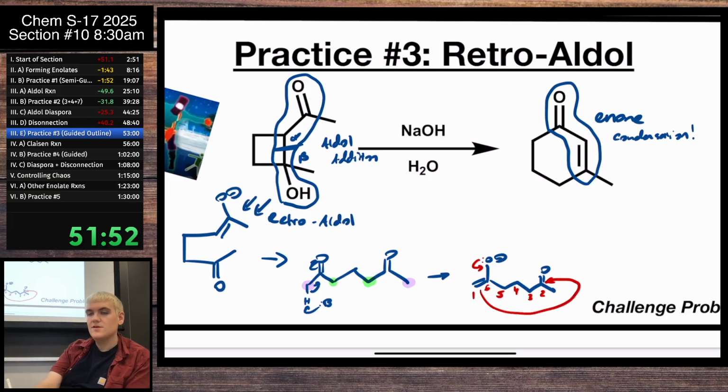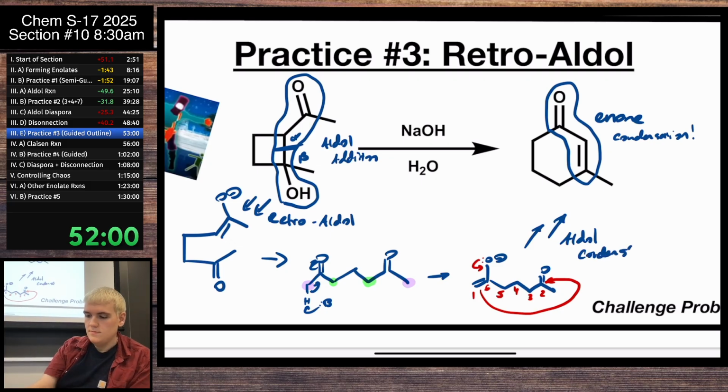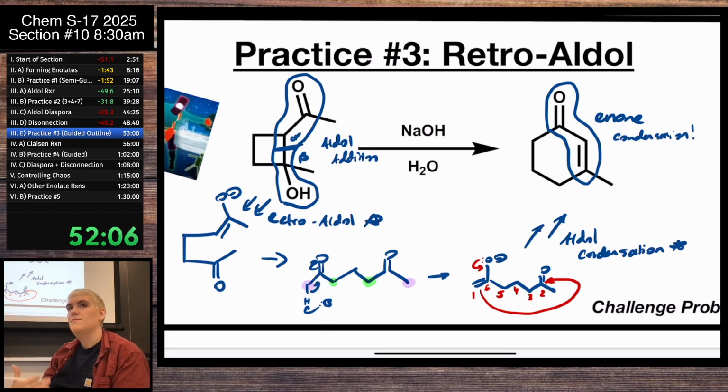And hey, that's going to be what we want to get to our product here. So we have not done the full thing, but we've sketched in enough of the intermediate details that, if you especially are looking at the mechanism for the aldol by retroaldol, you'll be able to fill it in from there.